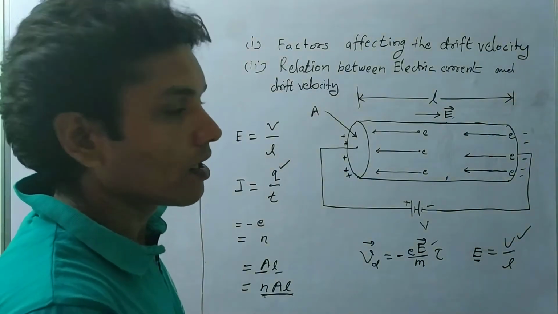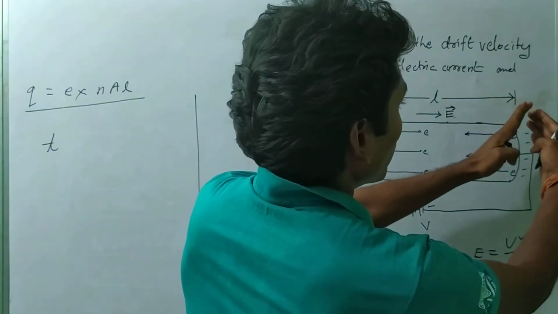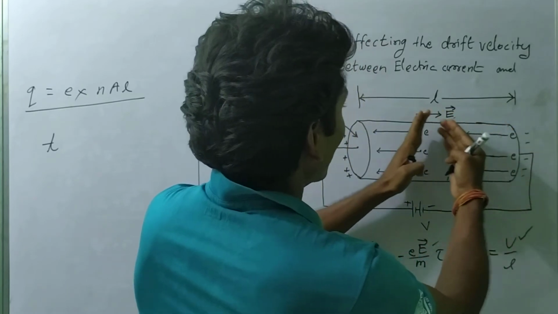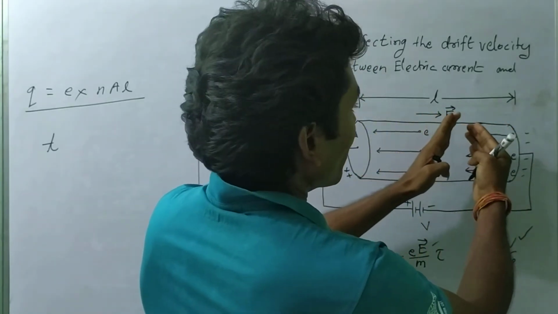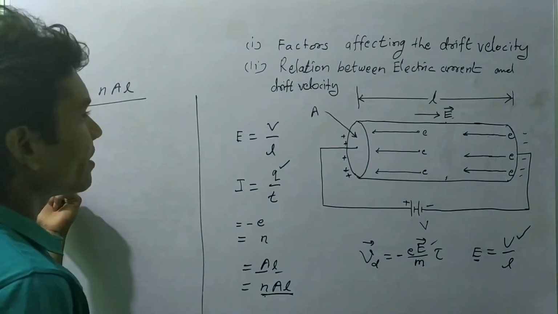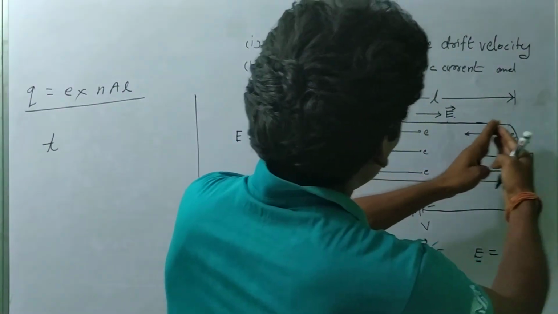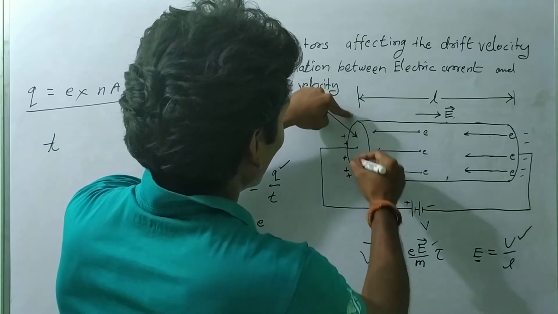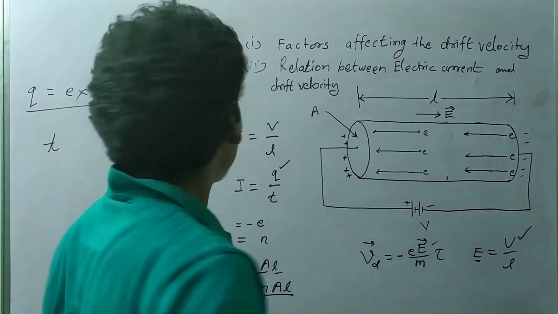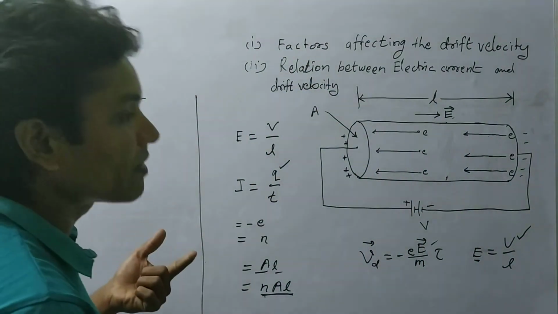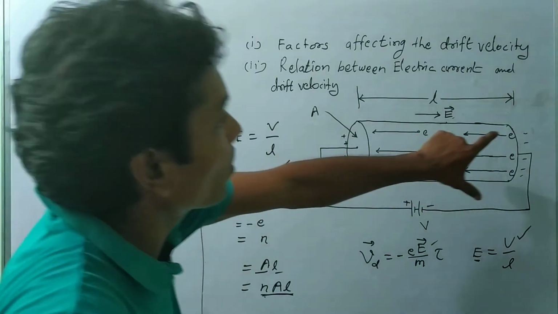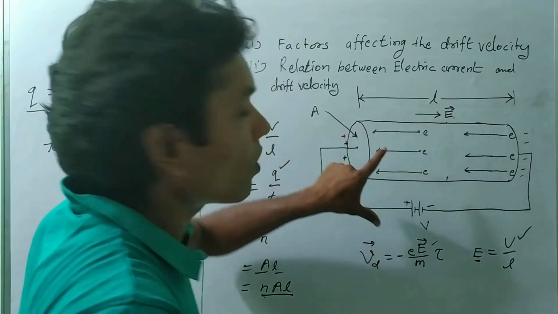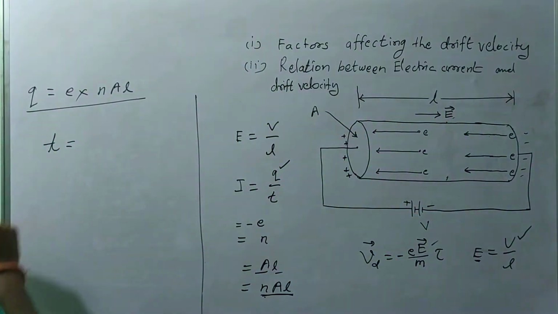In time t, all the charge crosses that cross-sectional area, so t is the time taken to cross the whole length of the conductor.